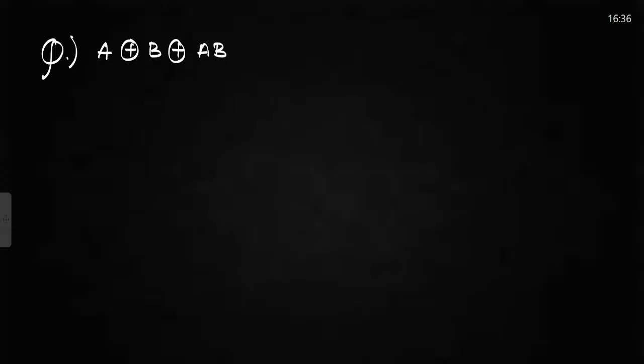Now let us try to simplify this. First we will solve one group. Initially we will take B XOR AB. If you apply the XOR equation A bar B plus A B bar, then this will be B bar into AB plus AB bar into B. So B bar into B will be 0, and here it will be B of A bar plus B bar, so A bar plus B bar.